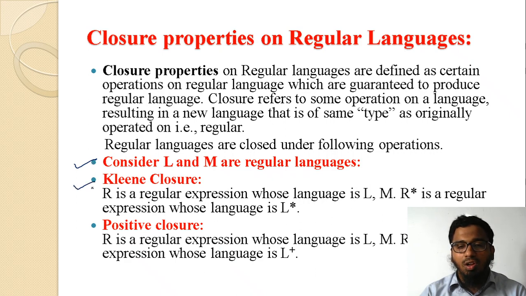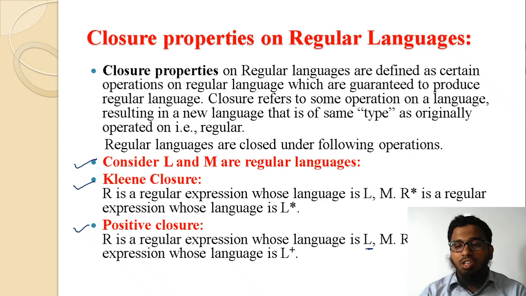Okay, already we have learned Kleene closure and positive closure in the previous class. Kleene closure will include the epsilon. So R is a regular expression whose language is L, M. R closure is a regular expression whose language is L closure.